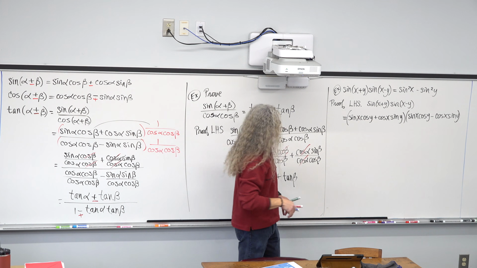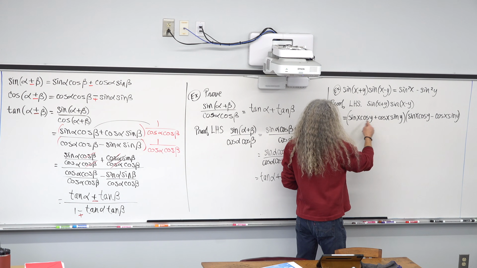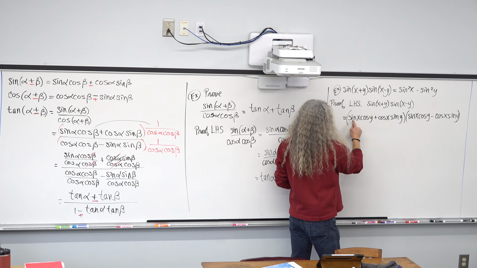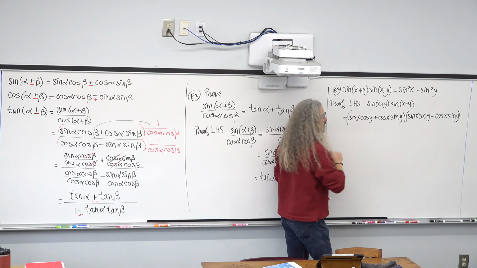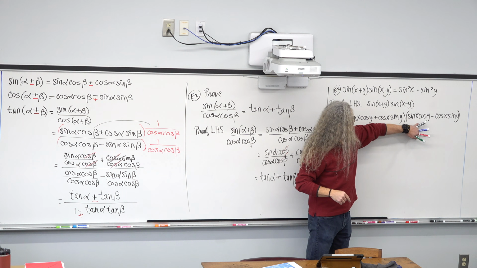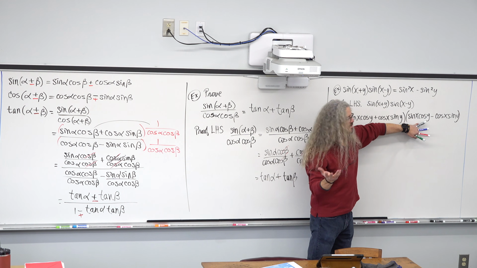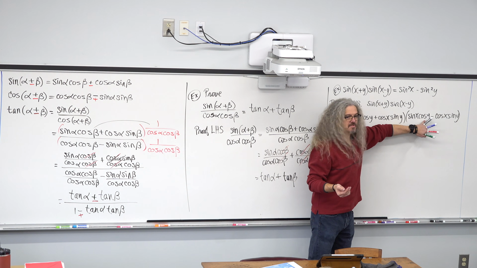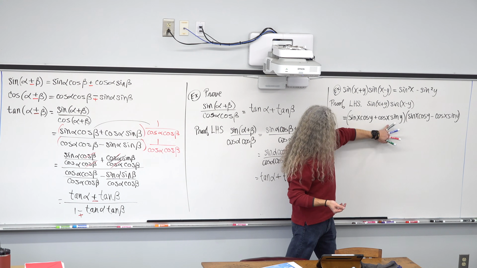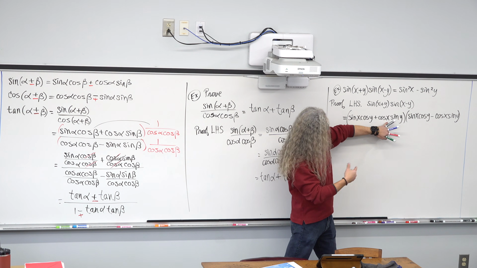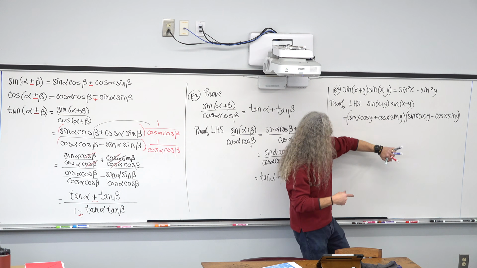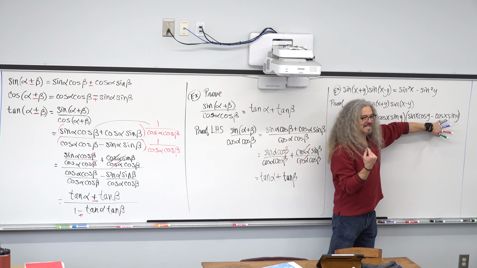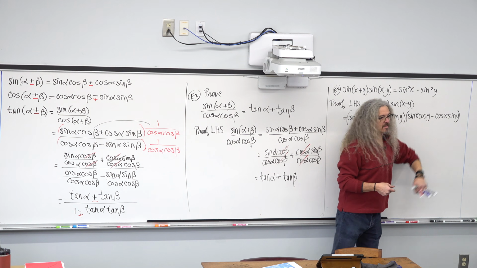Difference of squares. So since you have a plus b, we have sine x cosine y in the first term of the first factor, and in the second factor we have sine x cosine y. In the second term of the first factor, let's call it cosine x sine y. The second term of the second factor is again cosine x sine y.